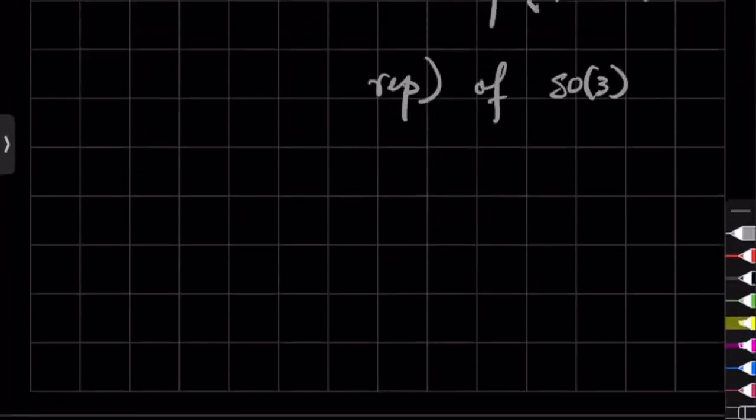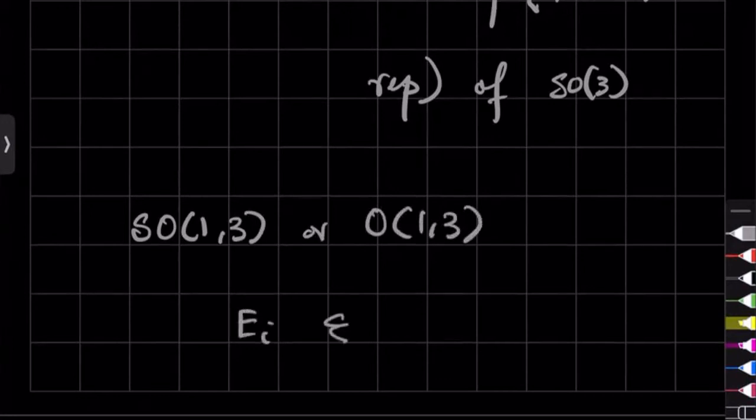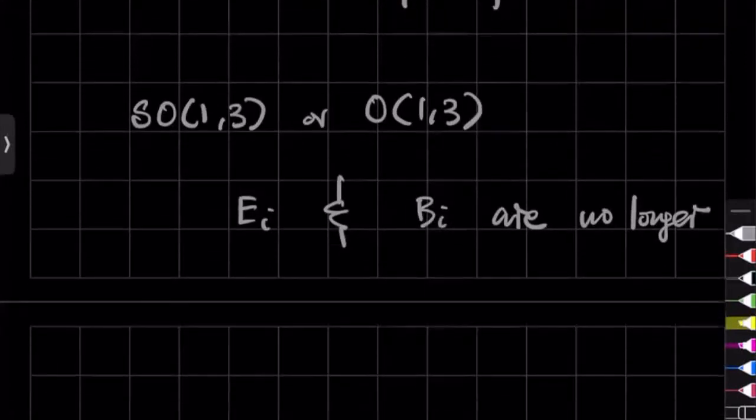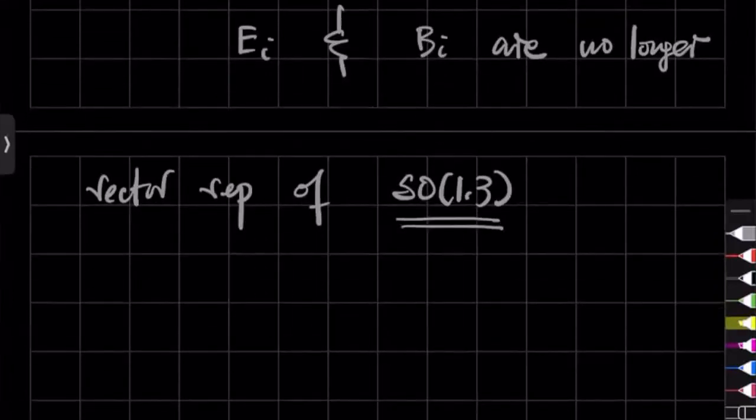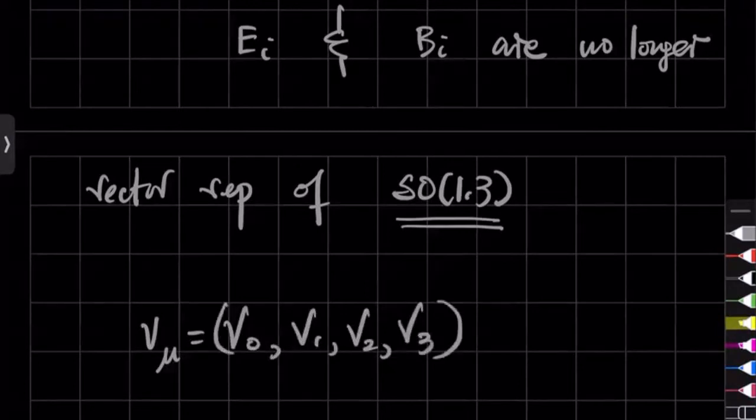So now what we want to do is build up bigger representations from the smaller representations. Bigger, but at the same time, irreducible representations. If I now go to, say, the Lorentz group SO(1,3), or even O(1,3), then E_i and B_i are no longer a vector representation of the Lorentz group, because a vector representation of the Lorentz group should have 4 components, whereas these things only have 3 components.